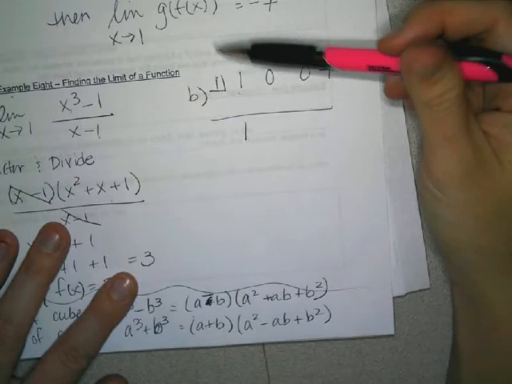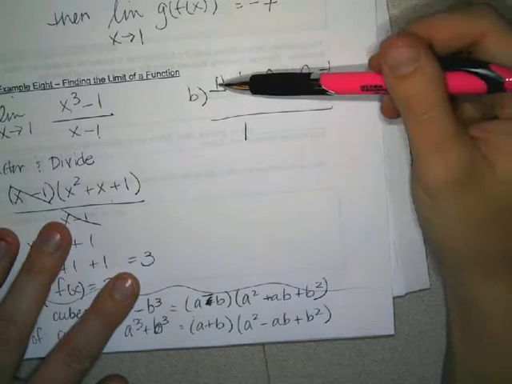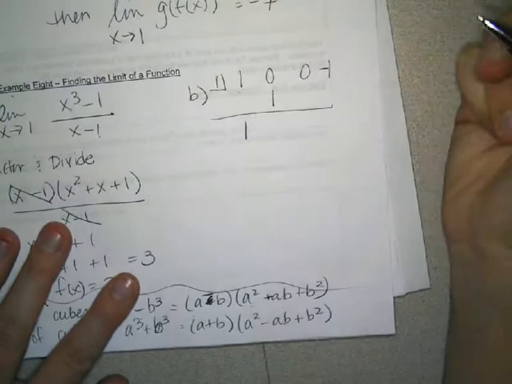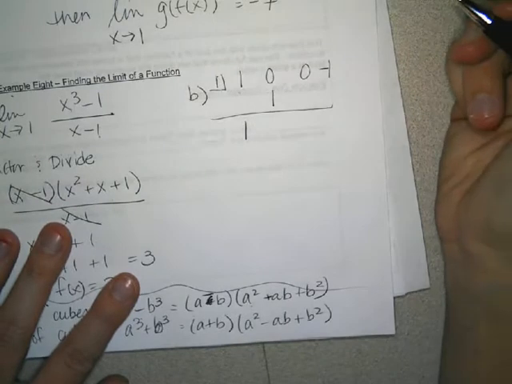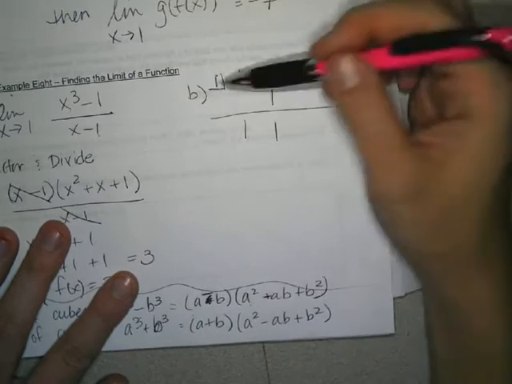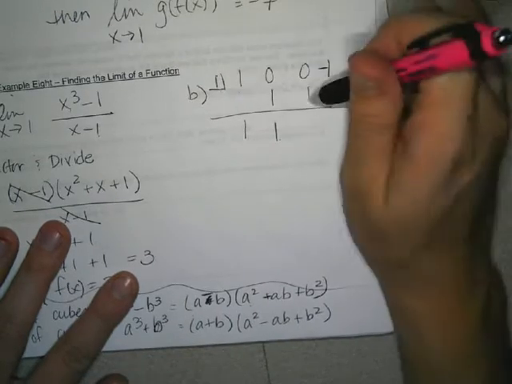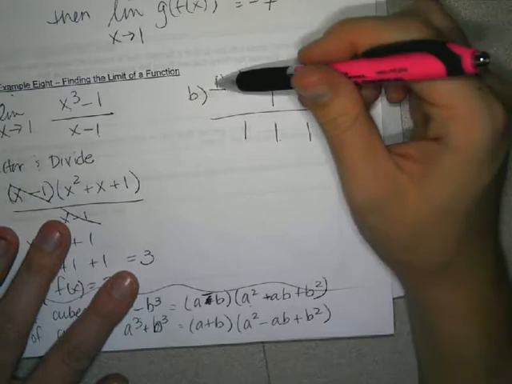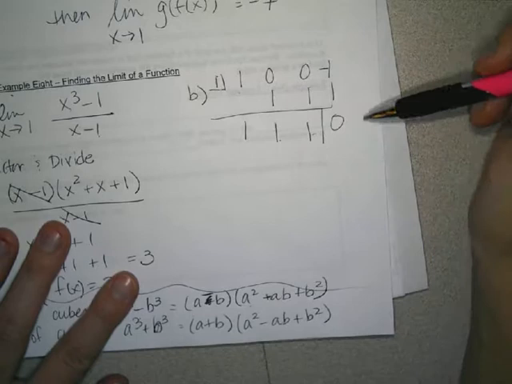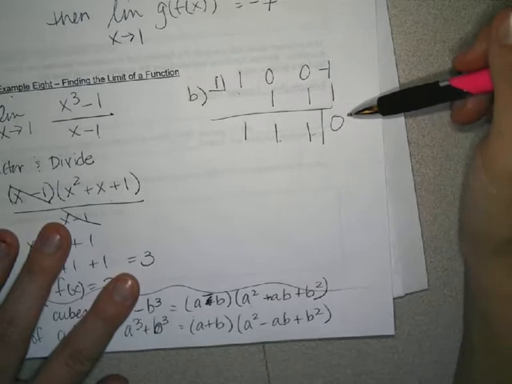And then we multiply. 1 times 1 gives me 1. And then do you add or subtract? You add. So 0 plus 1 gives me 1. Then we have 1 times 1, which is 1. 0 plus 1 gives me 1. 1 times 1, which is 1. And 0. That number is called my remainder.